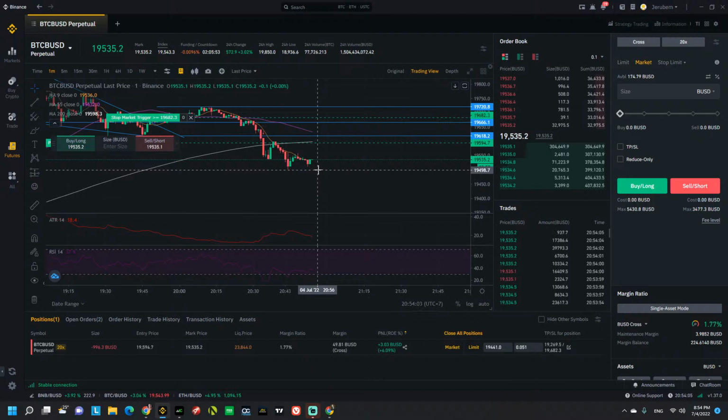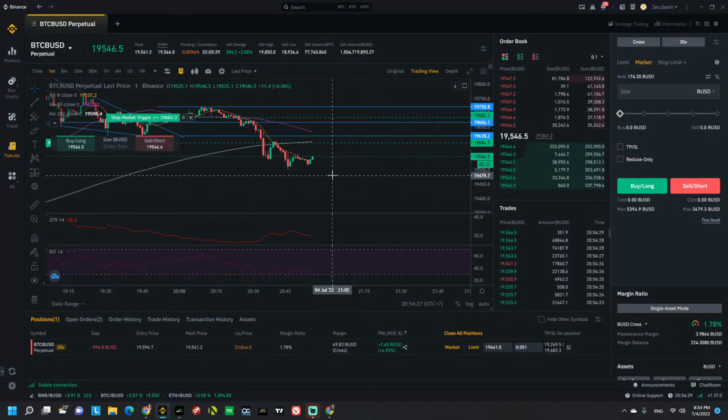So it's sitting on this area. It might go up here and then go down, or might go up and go up.